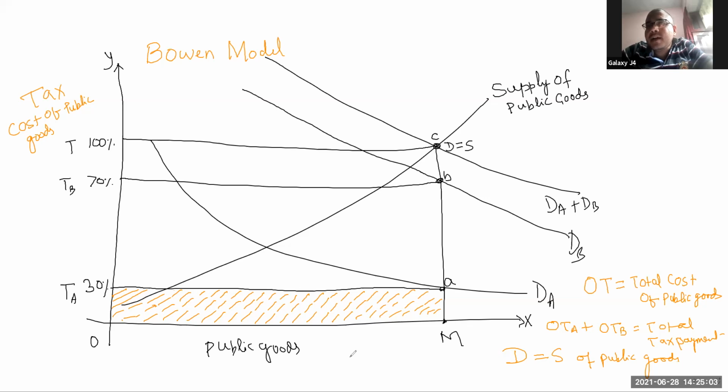DA is the demand for consumer A, and DB is the demand for consumer B, and through addition of DA and DB we get the aggregate demand curve, that is DA plus DB. Now the aggregate demand curve and supply curve intersect each other at point C, and at this point total tax is equal to total cost of public goods.